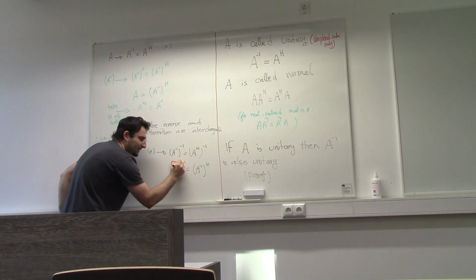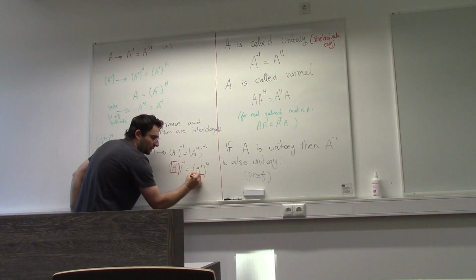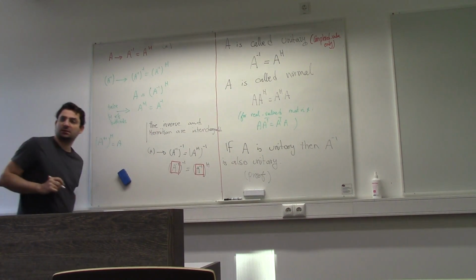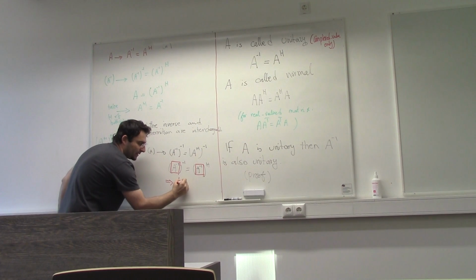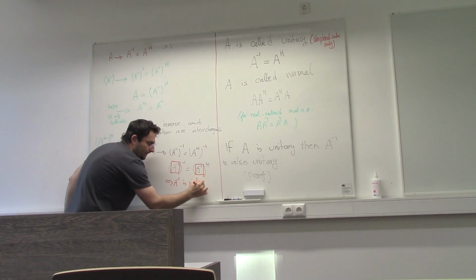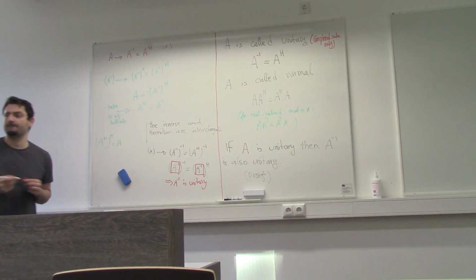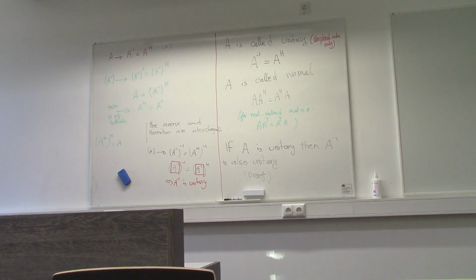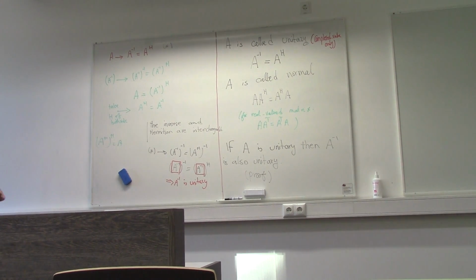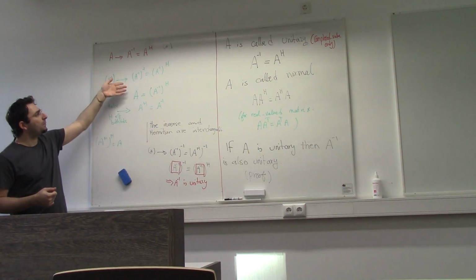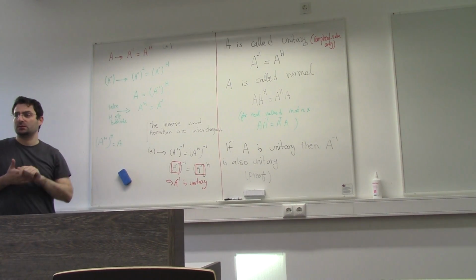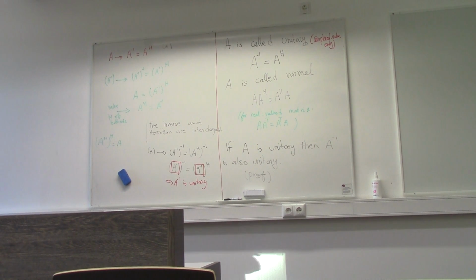The inverse of this matrix is equal to the Hermitian of this matrix. So A inverse is unitary. So there are two ways. In some books, like the Strang book, they use this one. And in our book, they use this notation. Both of them will end up in the same proof.